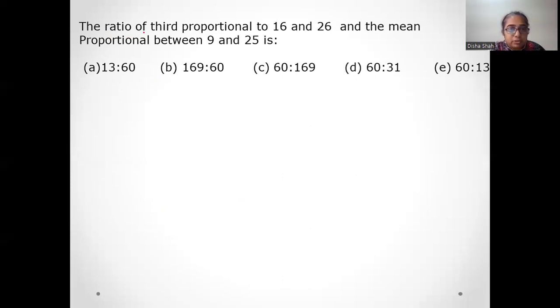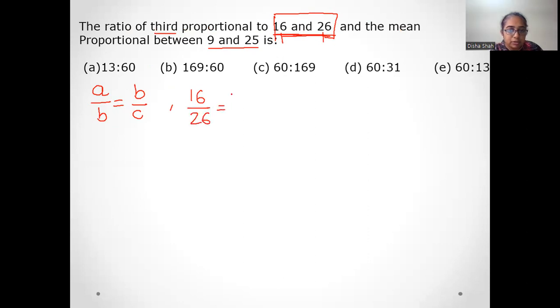Let's talk about this. The ratio of the third proportional to 26 and 16, and the mean proportion between 9 and 25. The third proportion is mentioned, which means there are only 3 variables, of this form: A by B is equal to B by C. You have to find the value of its third proportion. This is the first value, this is the second value, and you have to find the third value. It means 16 upon 26 is equal to 26 upon X. This is a third proportion.